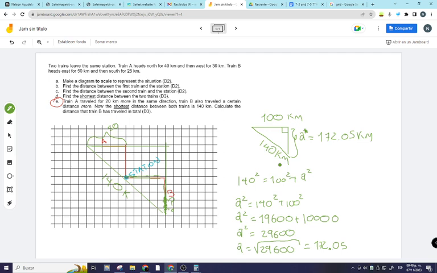Now, what are we being asked? So the distance that B traveled. So B traveled this, which is 50, and this, which we don't know how much it is. But you know that this is 40, right?